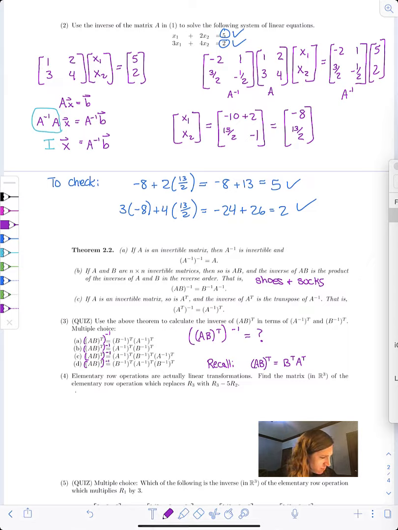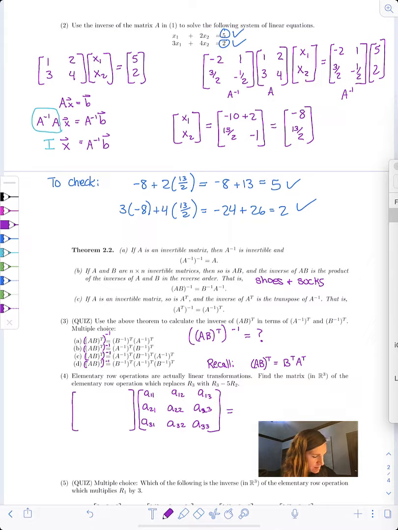So if we want to figure out what matrix does the job of taking our matrix, in this case we're in R3, so here's what a 3 by 3 matrix looks like. It doesn't have to be 3 by 3, but it does need to have 3 rows.